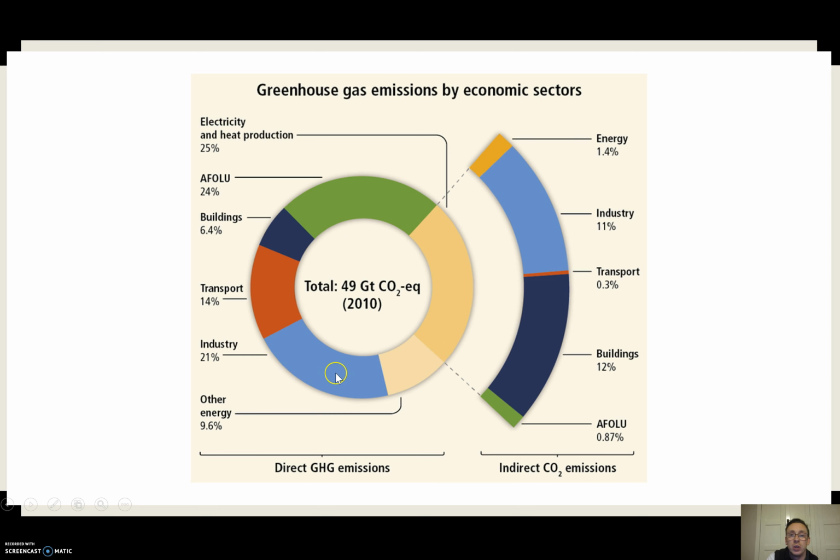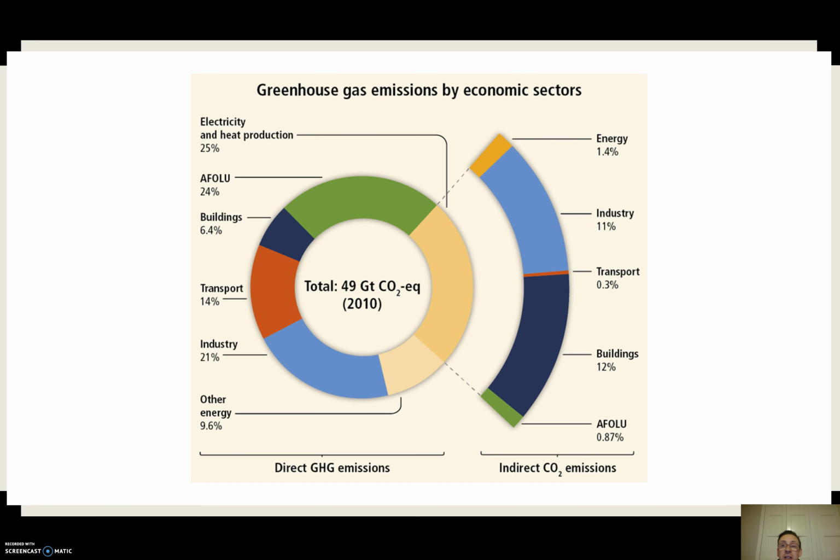Industry in general, and we're going to talk a little bit about industry towards the end of this video, produces another 21%. Now, AFOLU is agriculture, forestry or other land uses, and that's a quarter. Buildings themselves, 6.4%. Transport, 14%. And then we've got others, which is your 9.6%.